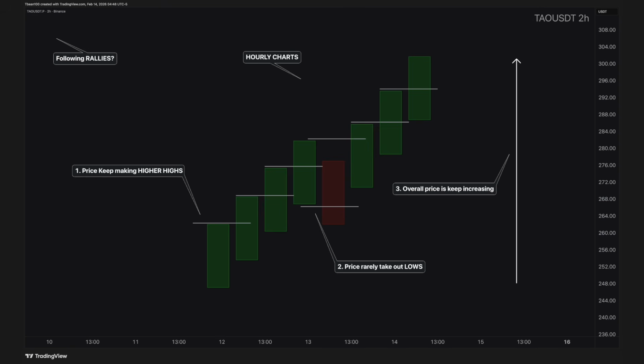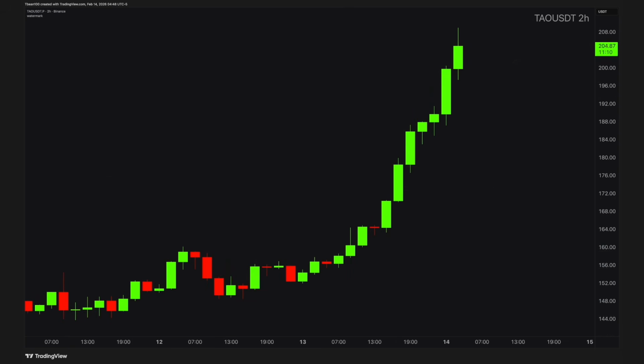I am talking about an asset that can move 10, 20, or even 30% in a single day. For example, if you look at this specific cryptocurrency, after a period of price accumulation, it did break out and rally significantly in a single day.